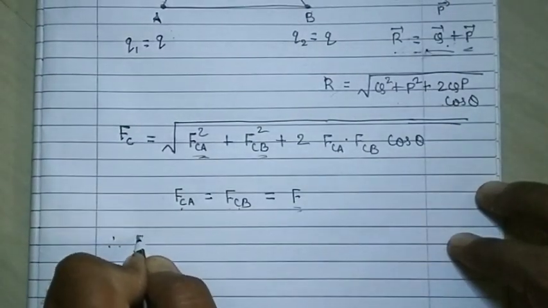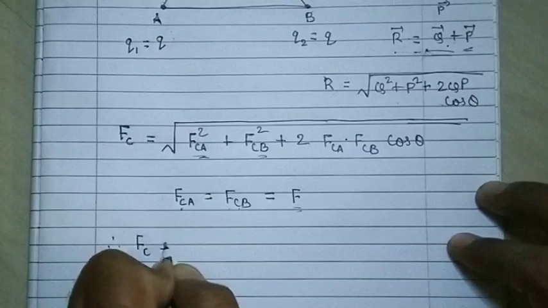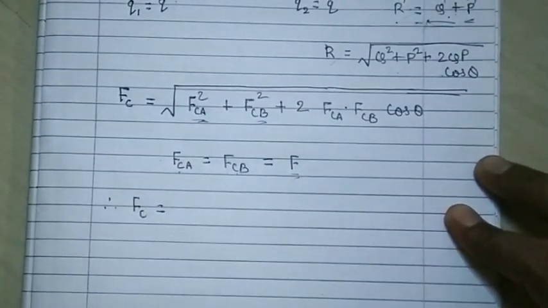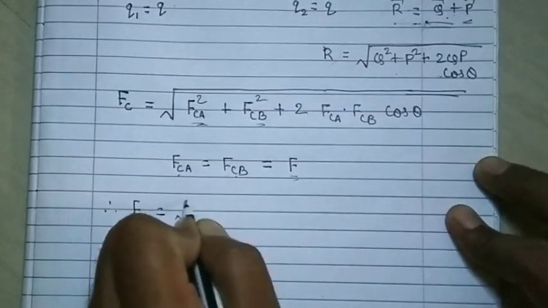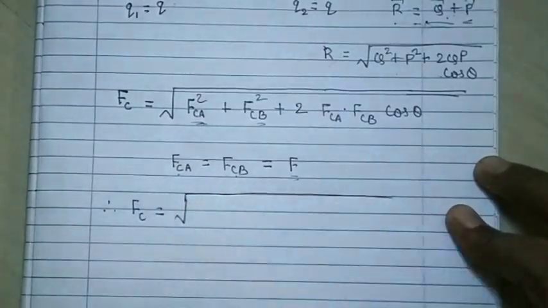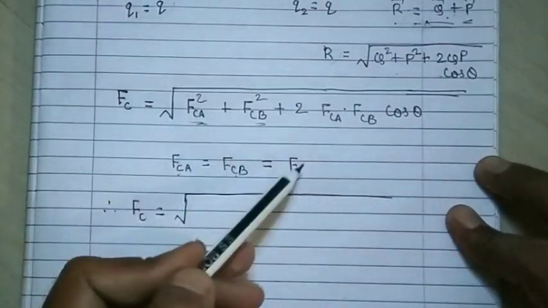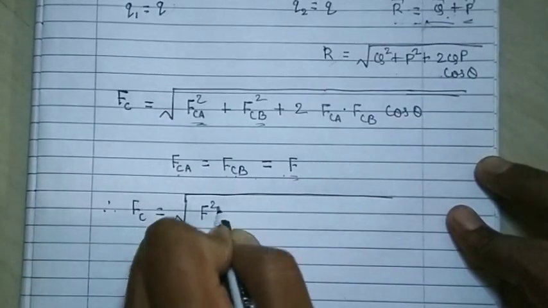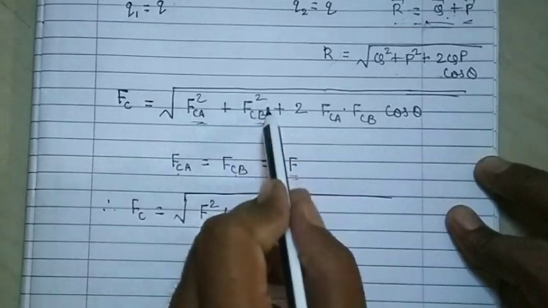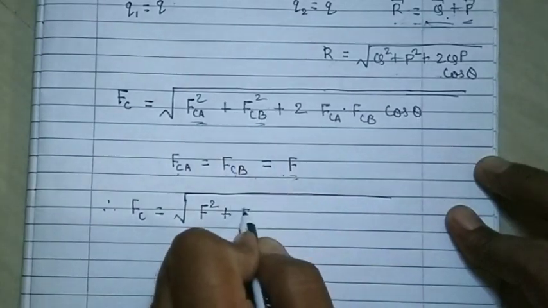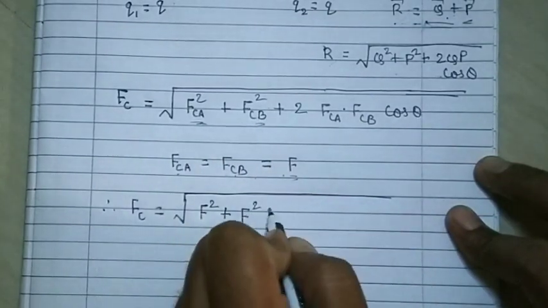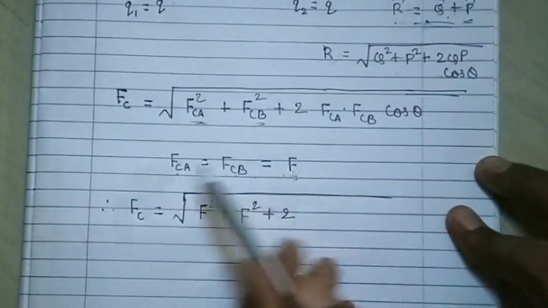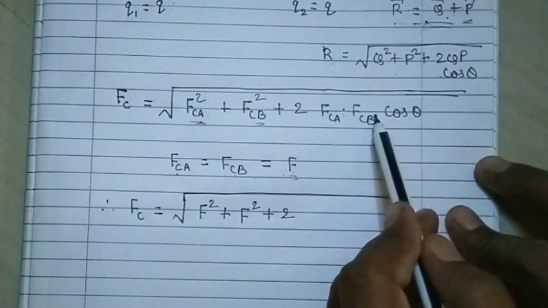So therefore the magnitude of force on C is equal to, in place of FCA we are going to write now F. So F square plus the force on C by B, that is also F. So F square plus 2, what is CA? Again it is F. What is the force on C by B?